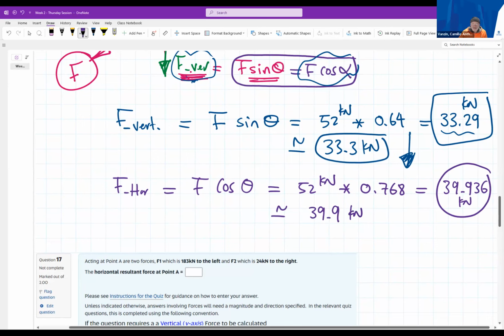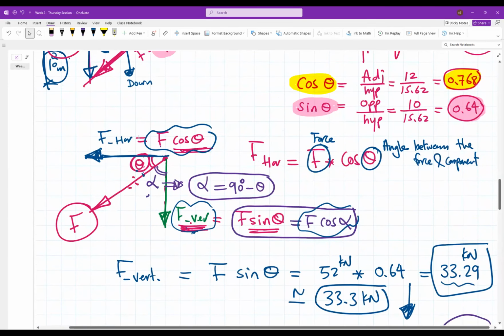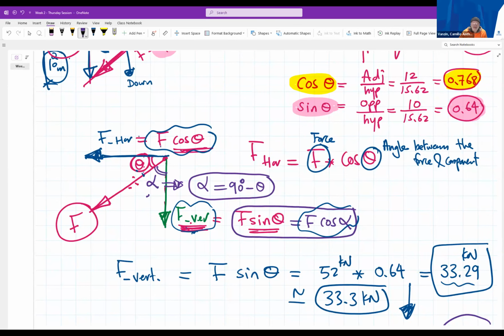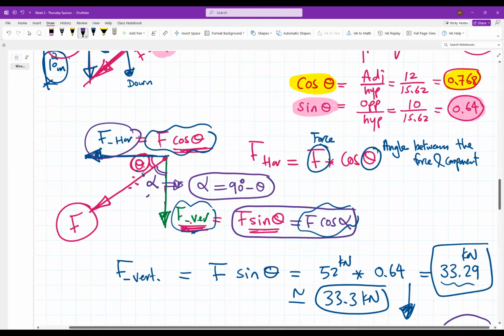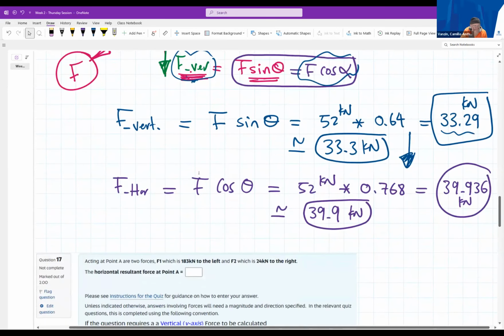If I ask you what is the direction, Jonathan and Camilo, it is to the left, horizontally to the left. We are talking about the horizontal one. So it becomes to the left and 39.9.